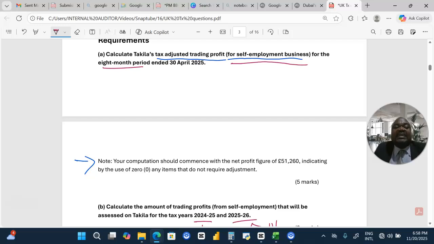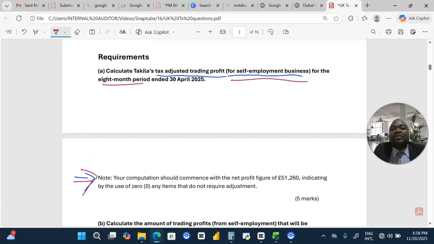Now, for part A, there is also this note which you need to take care of. Whenever the examiner wants you to compute the tax adjusted trading profit or similar figures, he will include some additional note, which you should always read. For this particular question, the note was saying, your computation should commence with the net profit figure of 51,260, indicating by the use of 0 any items that do not require adjustment.